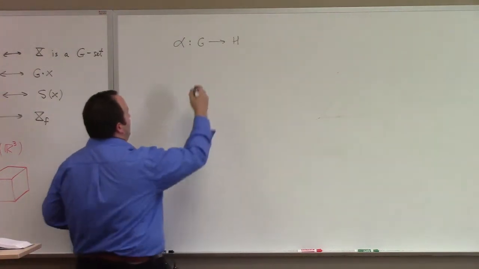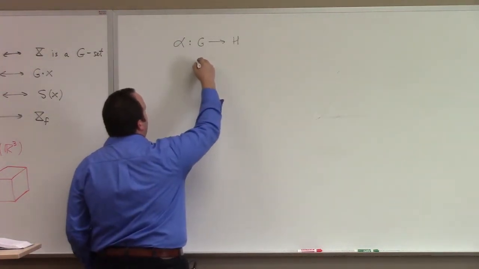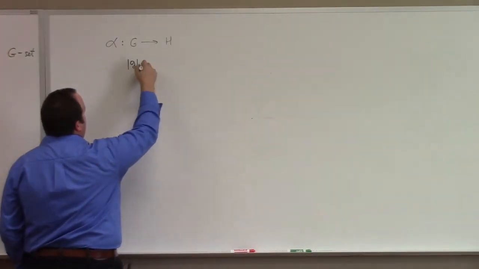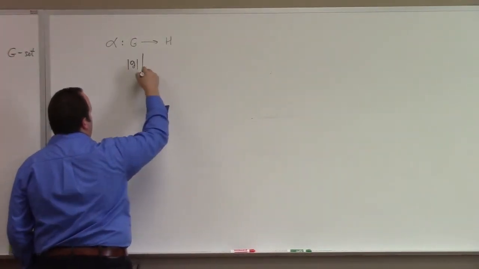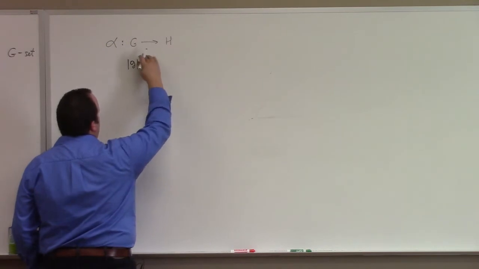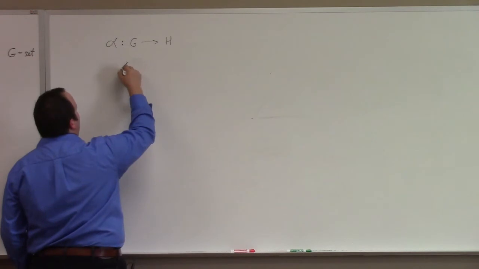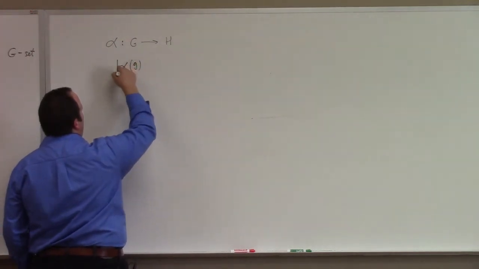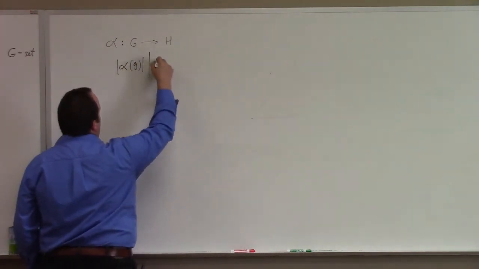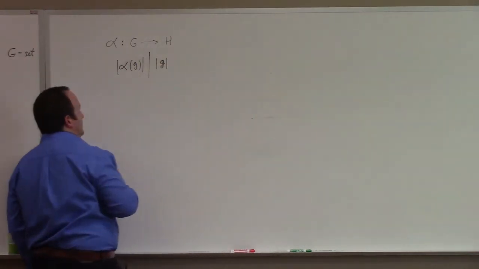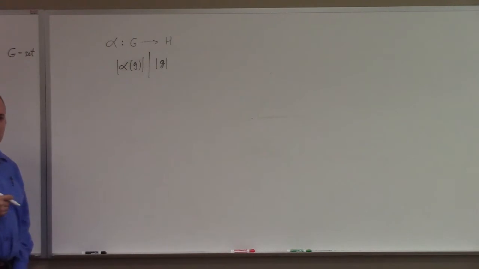I think it was the order of G must divide the order, wait a minute, is that right? No. I always get this backwards, you guys gotta watch me. The order of alpha of G has to divide the order of G, right? Assuming that we're in the finite context, I suppose.